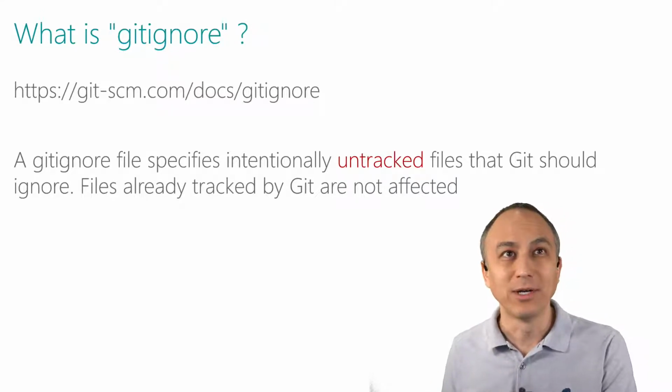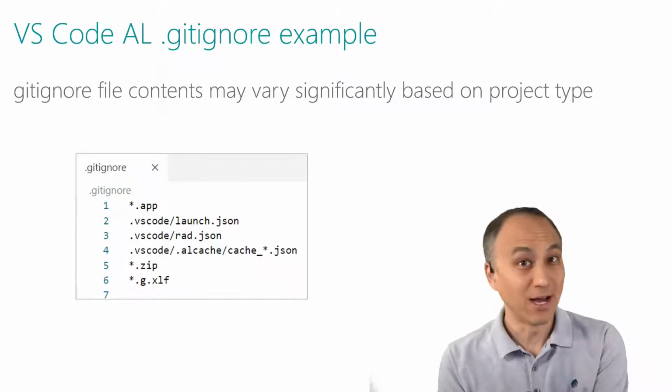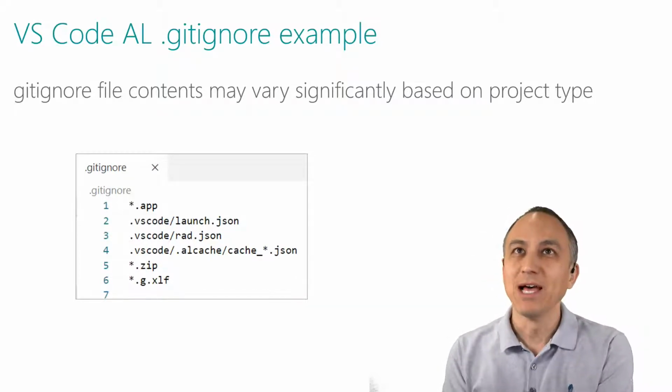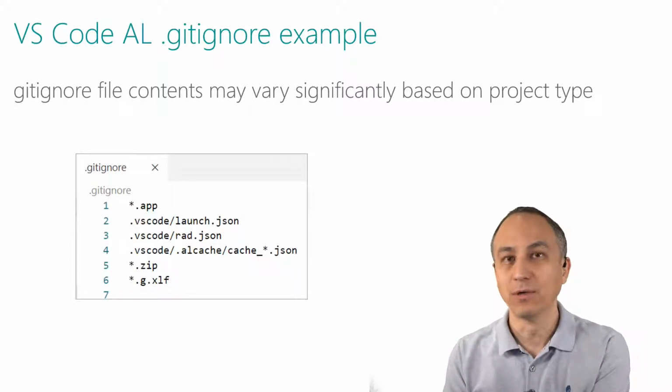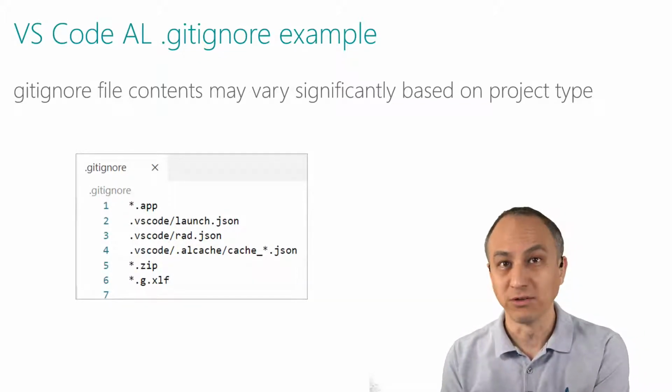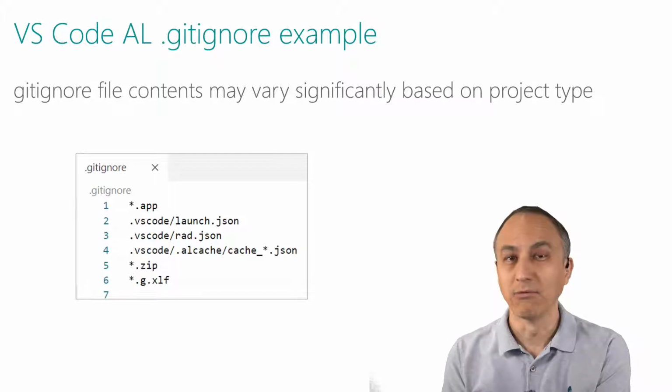The reason that's important is because, as I've learned, if you forget to create your gitignore and you start staging and committing and syncing stuff to your repository, and then you realize, oops, I should have had a gitignore file and excluded a bunch of files, it is a bit messy to try and remove files from your remote Git repository.